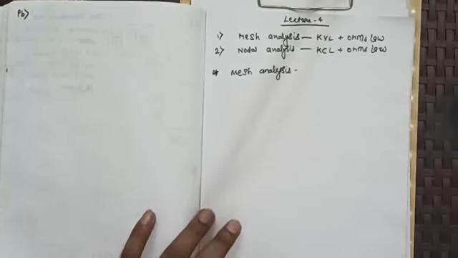If it has three independent meshes, then we have to write three equations. Similarly, if it has n independent meshes, then we have to write n linear equations. So let's take an example.